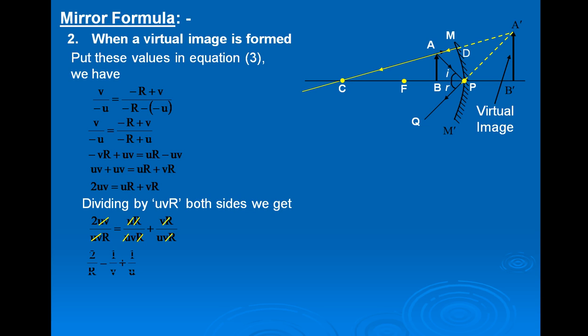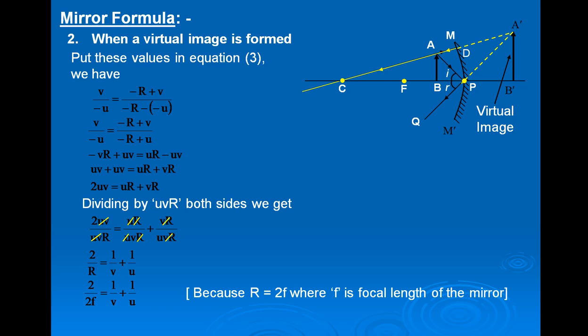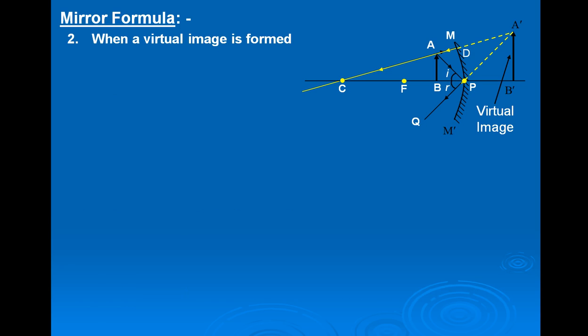So we have 2 upon R is equal to 1 upon v plus 1 upon u, or 2 upon 2f is equal to 1 upon v plus 1 upon u, because the radius of curvature R is equal to 2f, twice the focal length, where f is the focal length of the mirror.